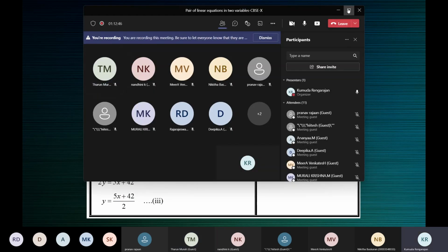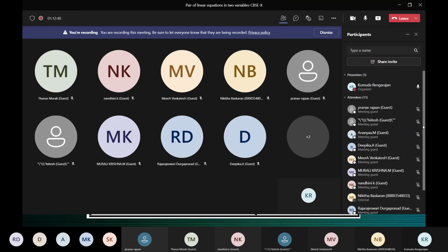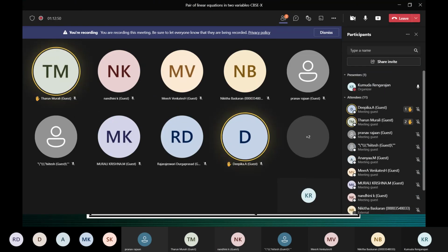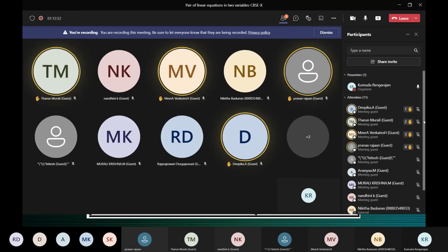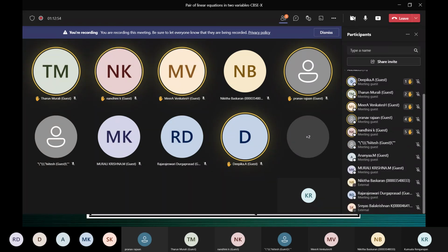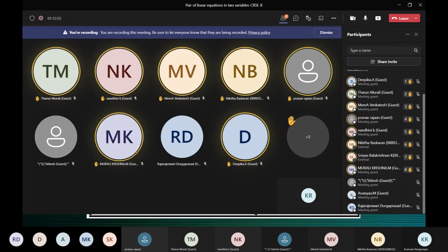Class, use the emoji, raise your hand. What about Hitesh and Ananya? Raja Rajeshwari?